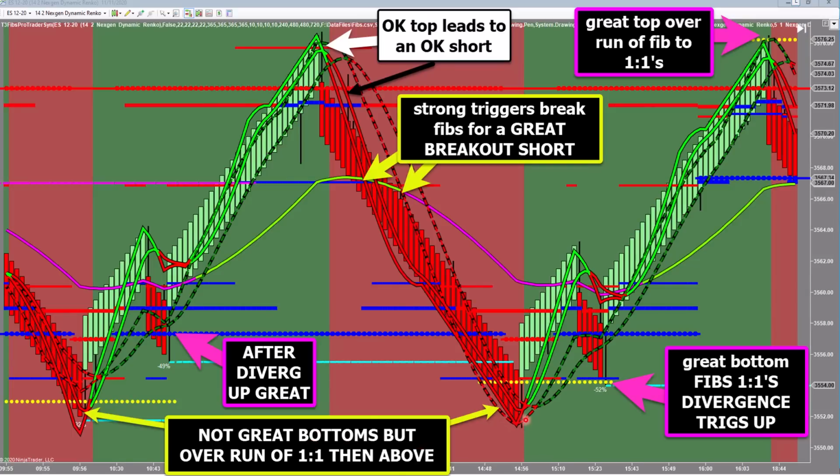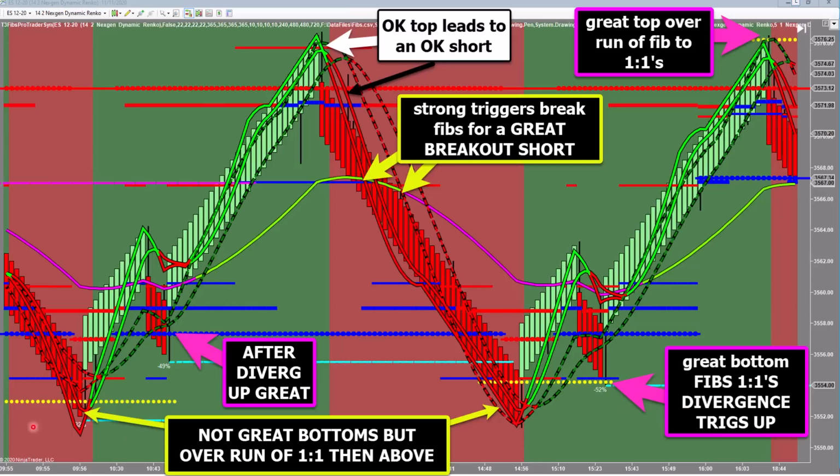Mid band will probably hold at fibs, which it does. And then eventually we make a great bottom with fibs, the edge of fibs, one-to-ones, divergence, higher pivots, and then look at what the market does. It goes up really, really strong.